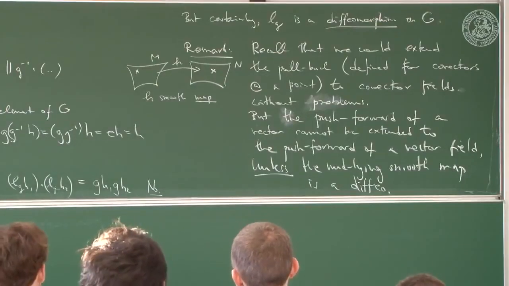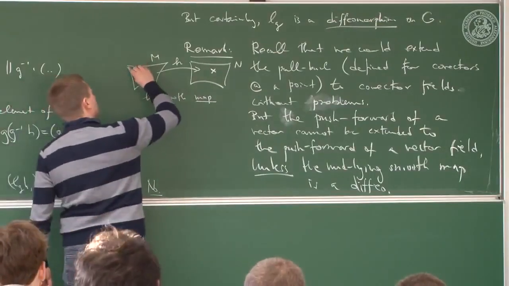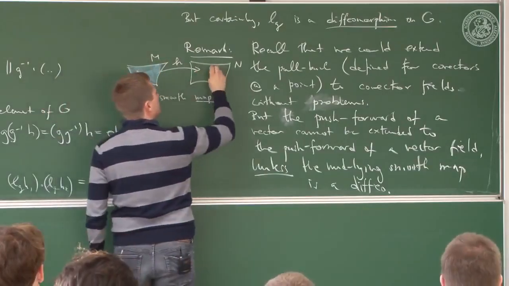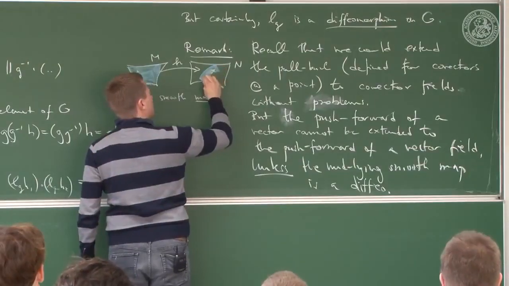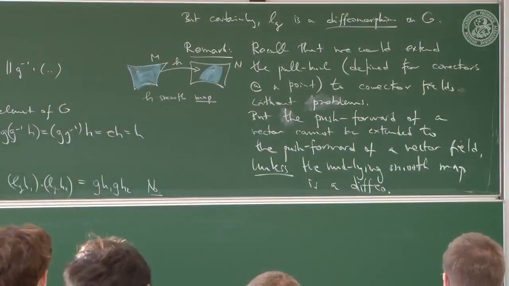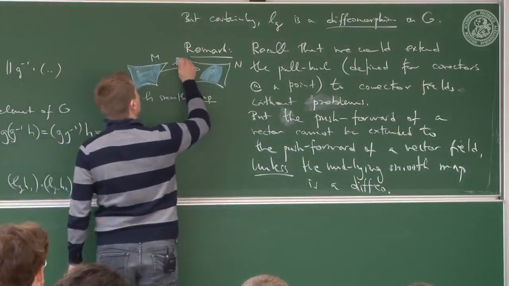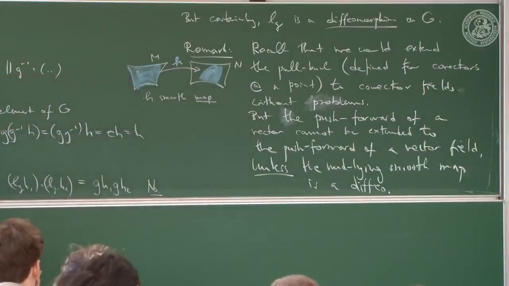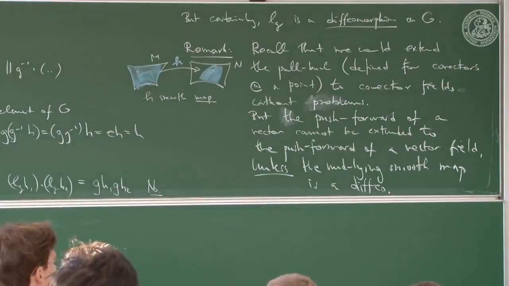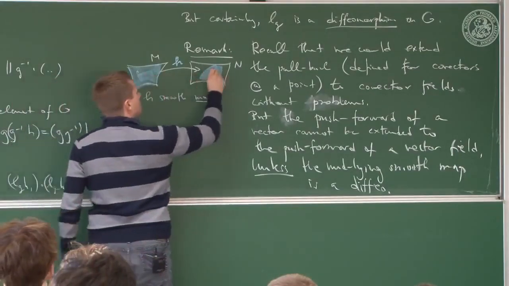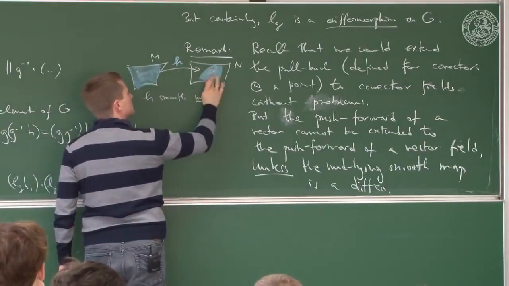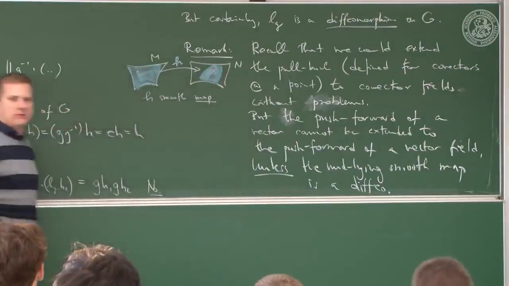That means every point in M has an image over here, although the image maybe doesn't fill all of N, right? But it's more than that. It also assigns to every point in M only one point over here. It doesn't take one point to two points. No, it doesn't do that. To every point here, it assigns one point there.